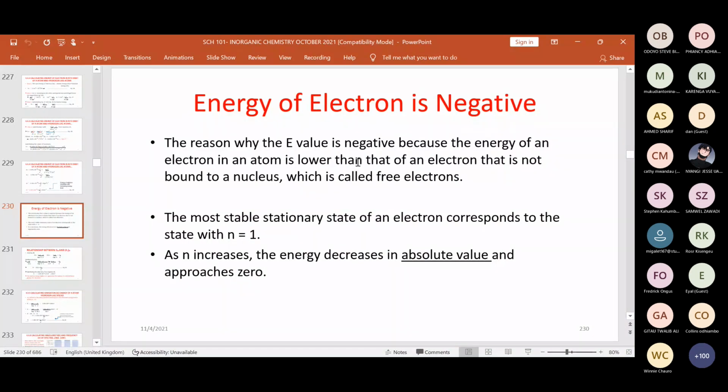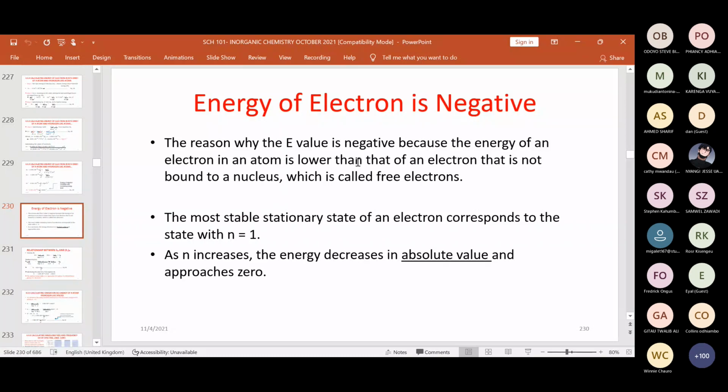A free electron is one that is not bound by the nucleus of the atom. So usually, to bring an electron to a lower energy level, you are moving from a high energy level to a lower energy level. So the electron continuously loses energy, and as it loses energy, its energy becomes negative.